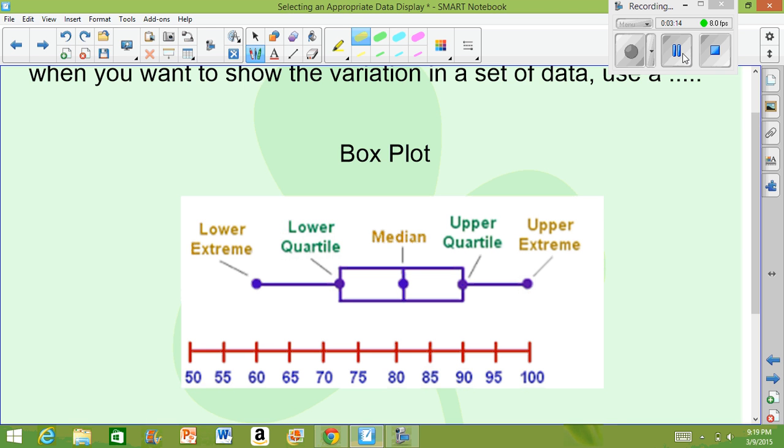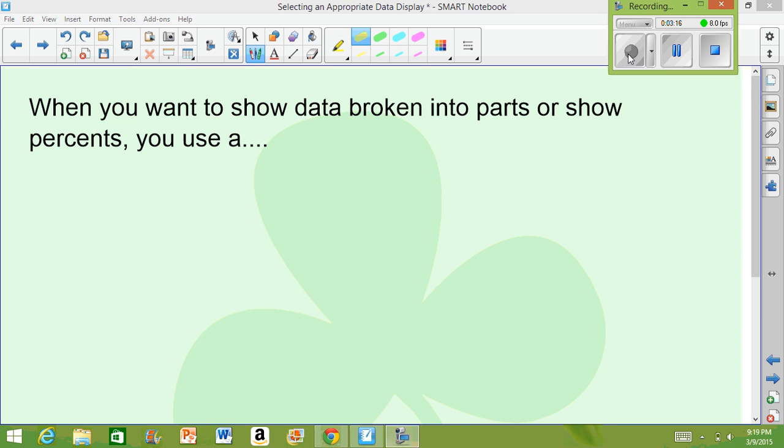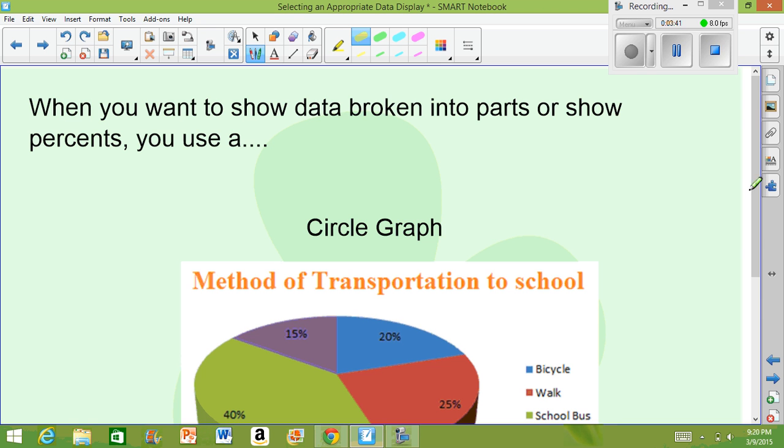So let's have a look at our next type of data to display. The next type of data that we are looking at is when we want to show data that's broken into parts or show percents. So some keywords: broken into parts or percents. So anytime that we are looking at breaking it into parts or showing percents, we are going to be using a circle graph.